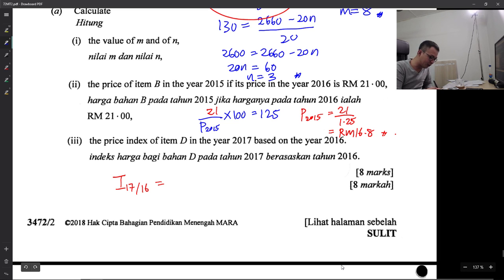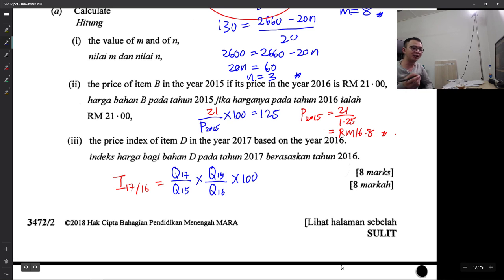So in order to do this one, I will do a chain rule. I hope you can understand the chain rule. So Q17 over Q15 multiply Q15 over Q16 equals, multiply 100. Okay, what I'm doing here is, basically, you imagine if Q15 and Q15 you can simplify them, you will actually get Q17 over Q16 times 100, which is the index formula, right?